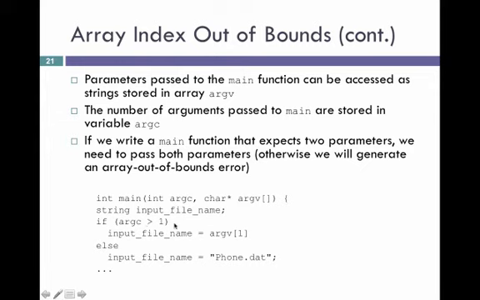By being greater than 1, we know that at least one parameter was added on the command line, and this program goes ahead and assumes that the first parameter, the first string that was entered, is the input file name. In the case that argc is not greater than 1, that would mean no parameters were entered, and then phone.dat is a default parameter.